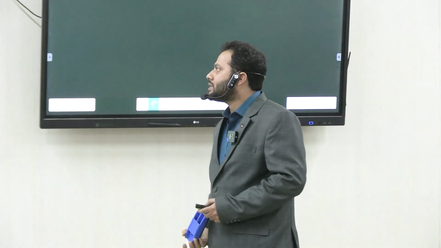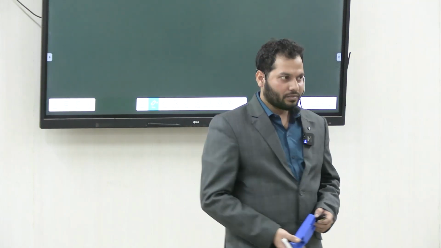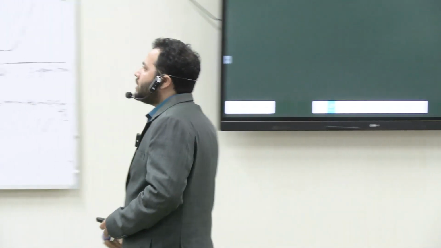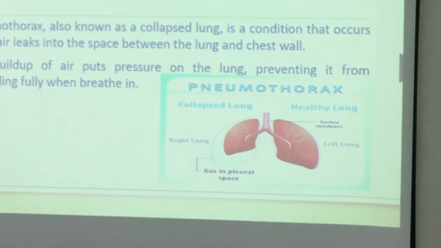Now, in some cases, the patient suffers from medical complications if there is a disturbance in the pleural pressure. A very common clinical feature is pneumothorax. So what are the characteristics of pneumothorax? Pneumothorax is also known as collapsed lung.